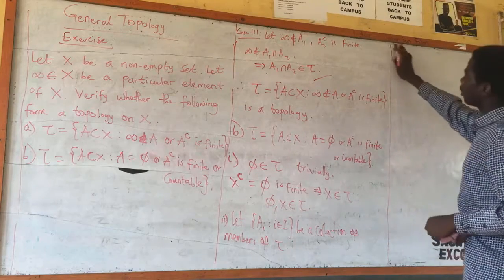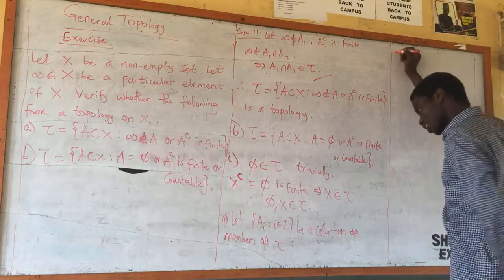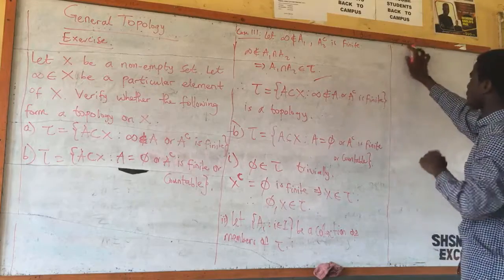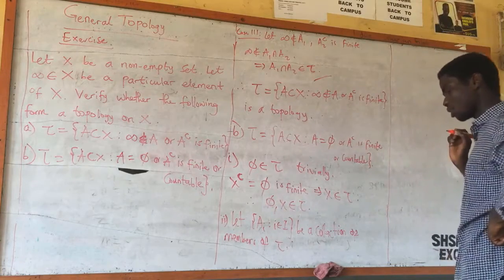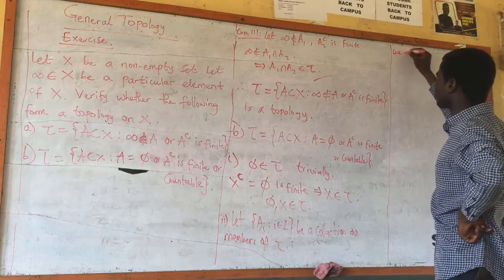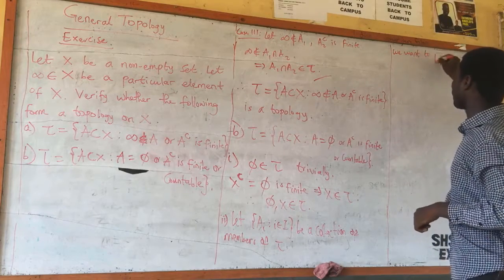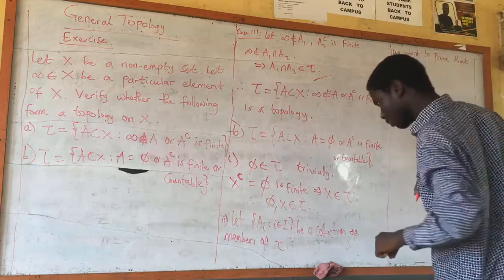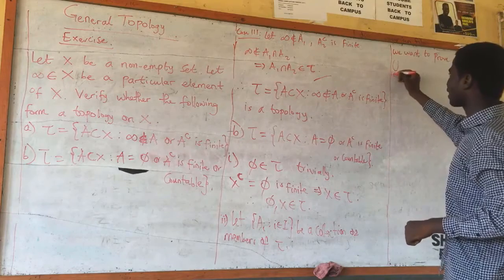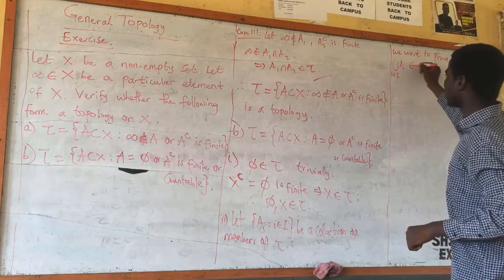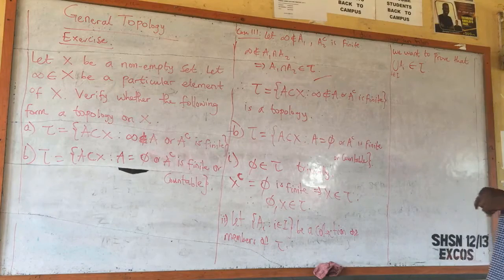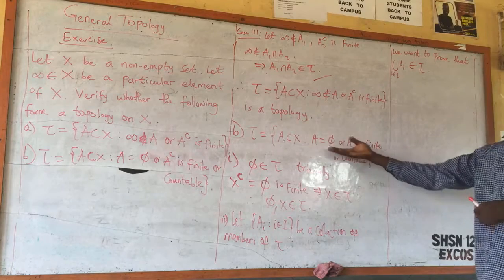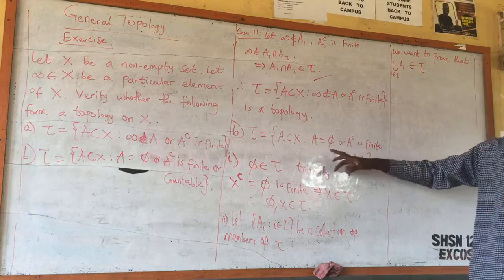So what we want to prove is that the union of Ai over i in I belongs to the topology. Without loss of generality, just let all the Ai satisfy the second condition, because if they satisfy the first, it is trivial.